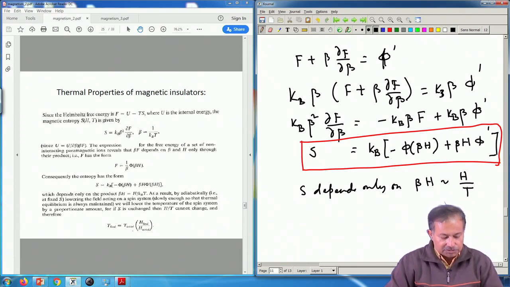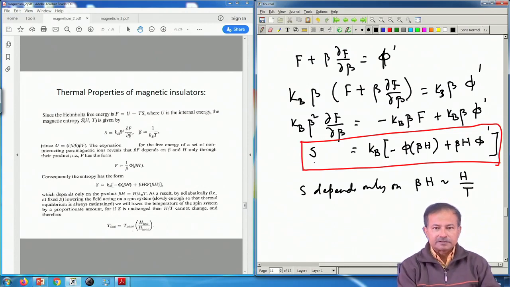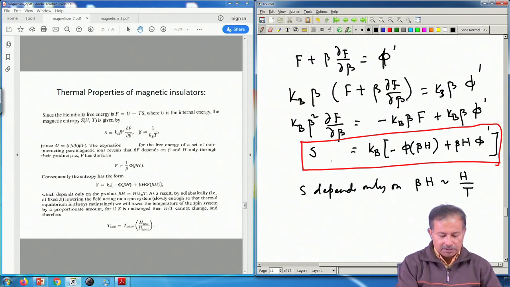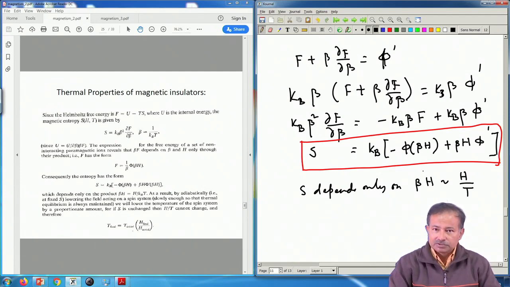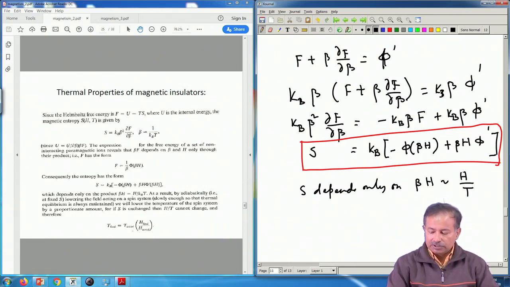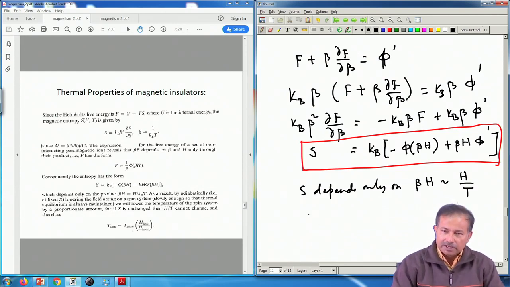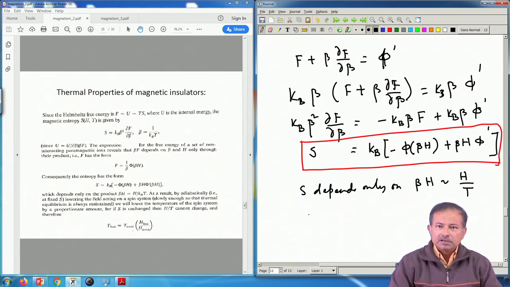So, suppose you want to keep S fixed, which is basically what you do in adiabatic changes, then you can lower your field. If you lower your field, then you have to lower your temperature, because your S is fixed. So, if you can adiabatically decrease your field, then you can decrease your temperature.